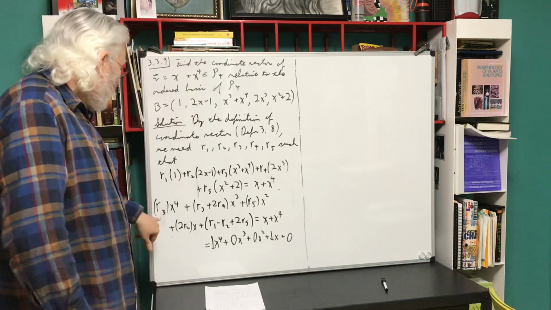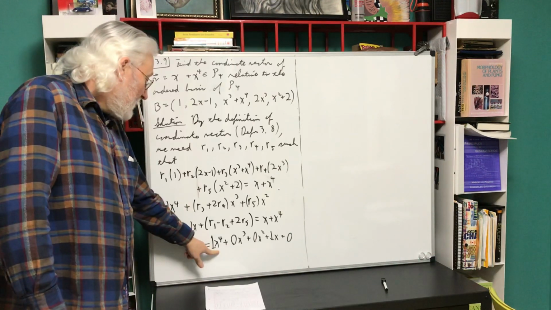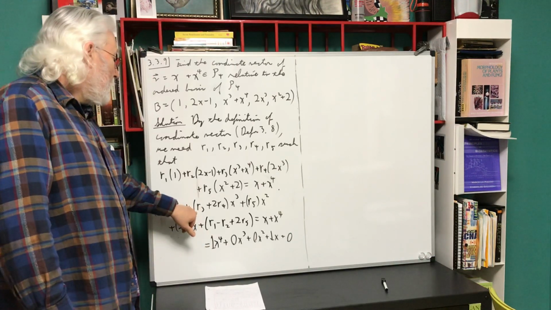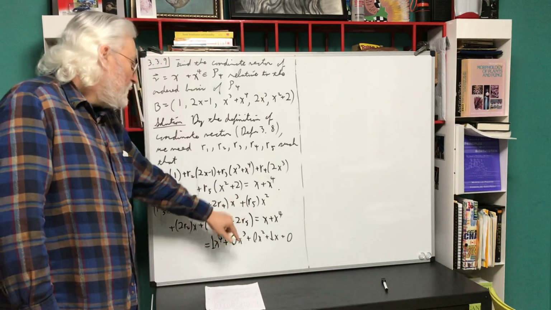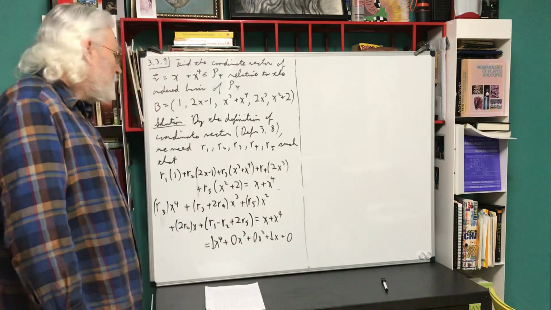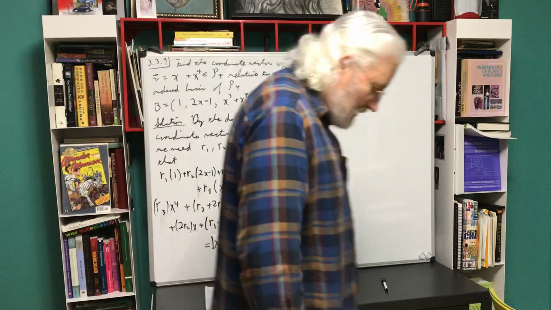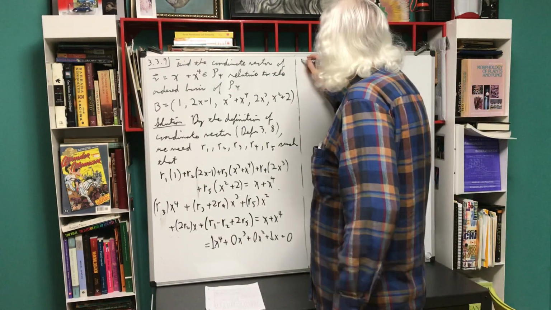Left-hand side has R3 x to the fourth, right-hand side has 1. The x cubes must be 0 x cubes, the x squares must be 0 x squared, and so forth. That allows us to produce the system of equations that we need.